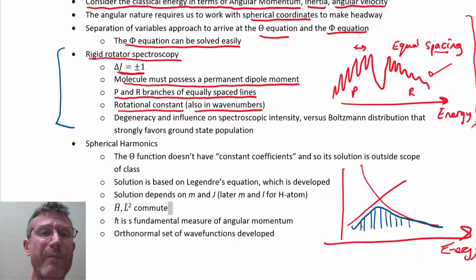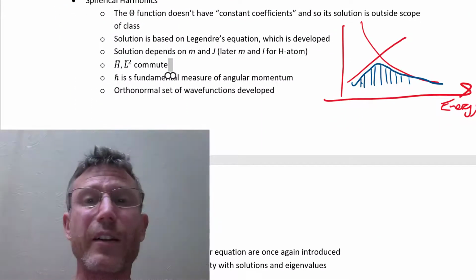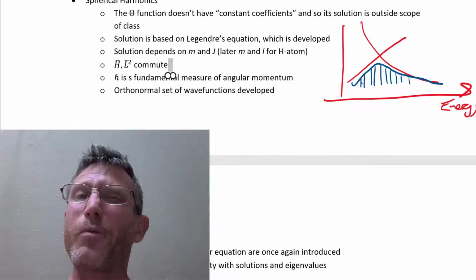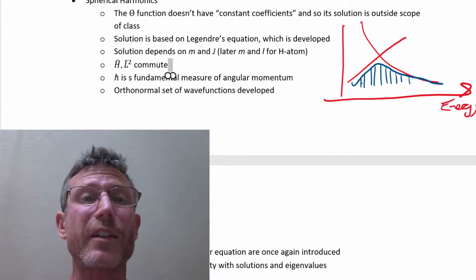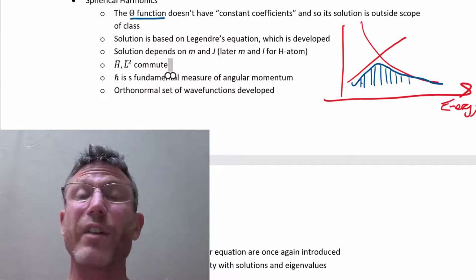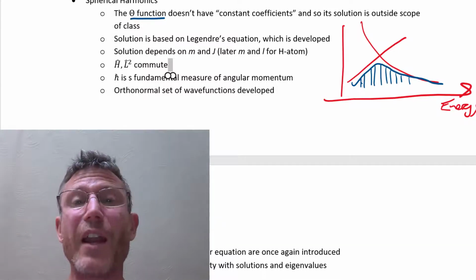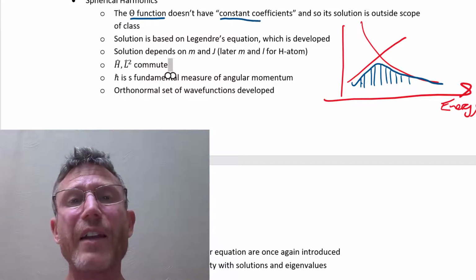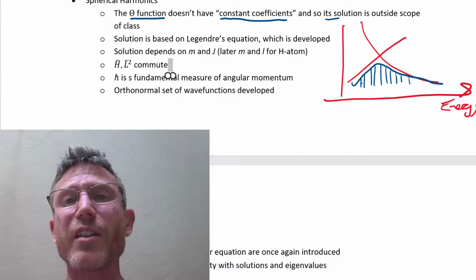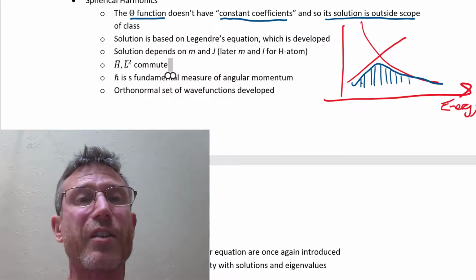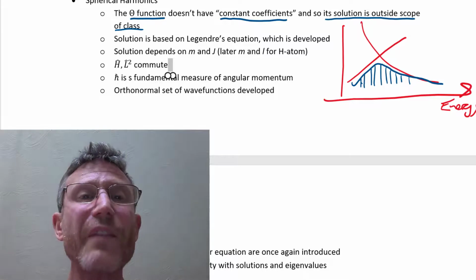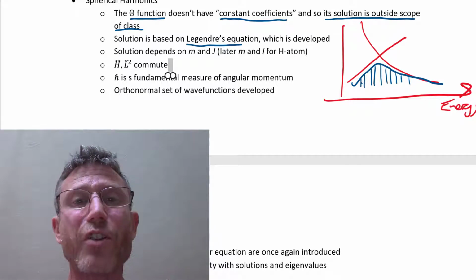I think more emphasis was placed then on spherical harmonics, and so we jumped back into this theta function, which I said was really difficult to solve. And indeed, because it has non-constant coefficients, its solution, I said, was outside the scope of the class. That solution was based on Legendre's equation.